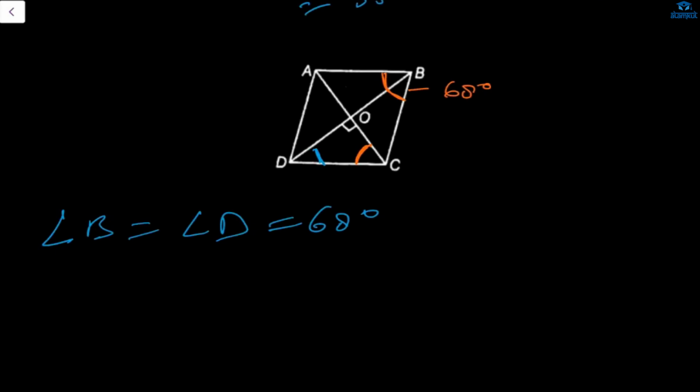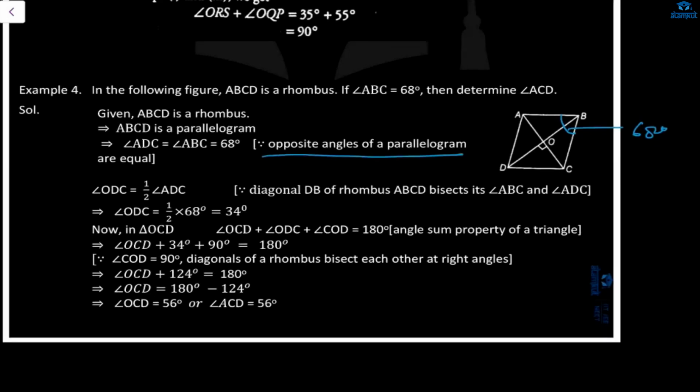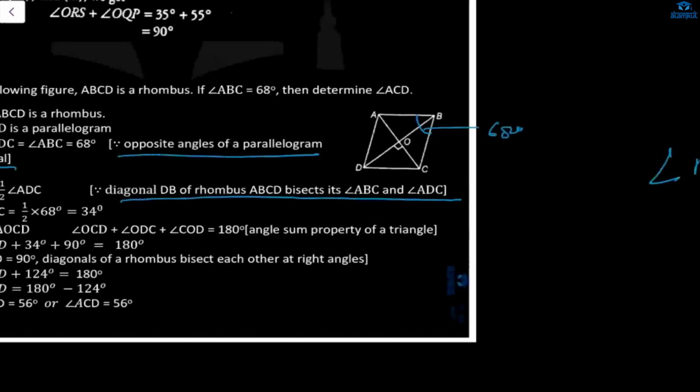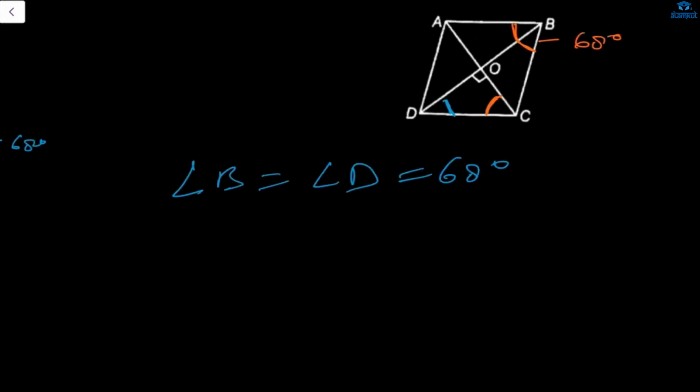Yes, you have to mention that opposite angles of a parallelogram are equal. Like here I also mentioned that diagonal DB of rhombus ABCD bisects its angle. So angle B is equal to angle D, and the diagonal bisects the angle, so half of angle D will be equal to 34 degrees.